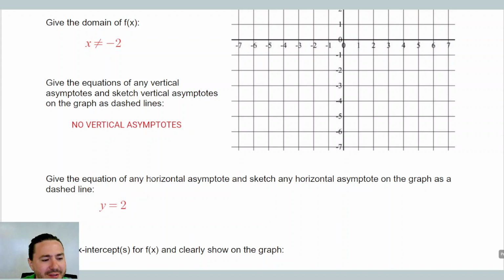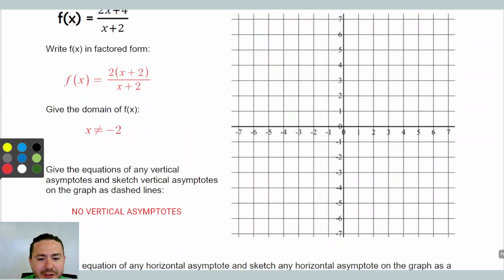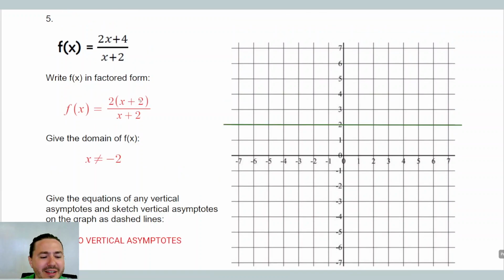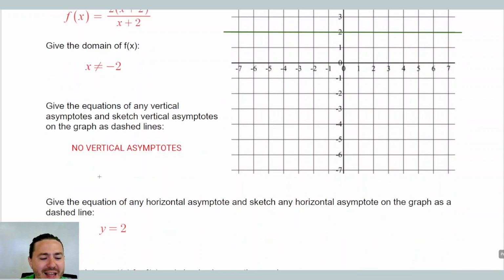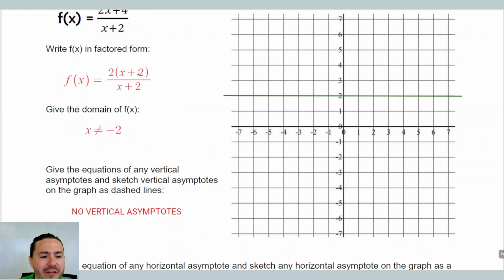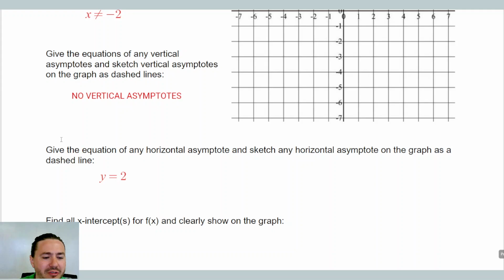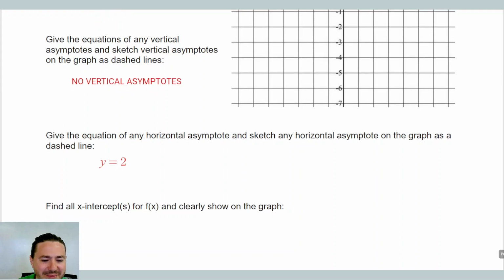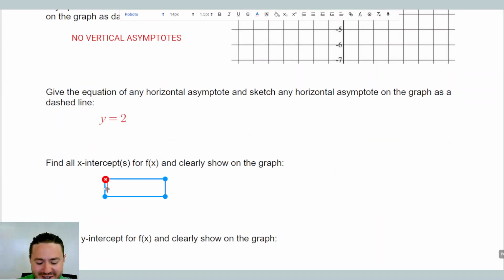I'm just kind of laughing because I know where this is going, but you might already see it in your head, but maybe not. I kind of doubt it, but all right. The last thing here is to find the x-intercepts. Well, we don't have any factors to generate an x-intercept from here, so there's none. No x-intercepts.